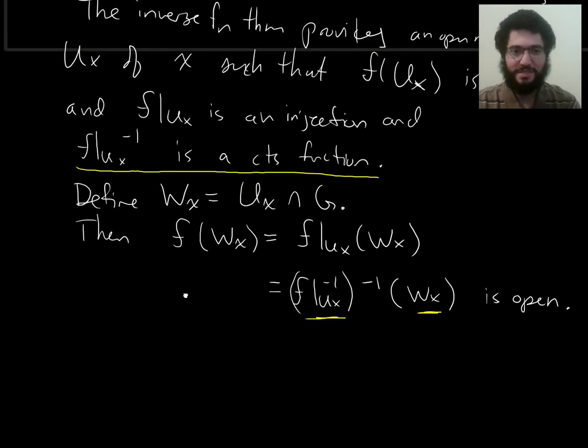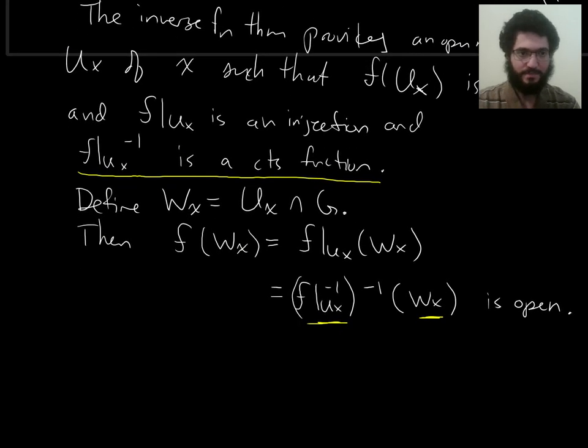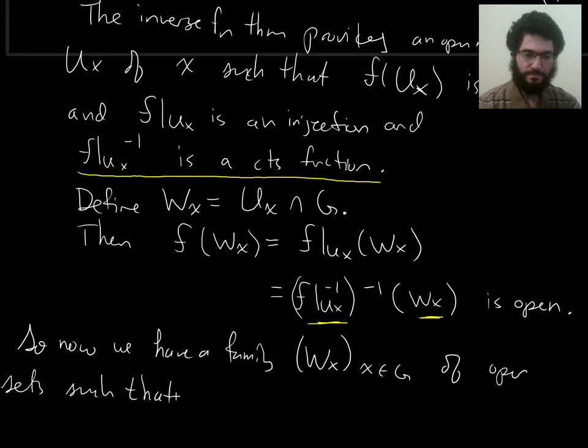Great, so what have I achieved here? I've done this for each x in G, right? So I kind of indented this portion of what I'm doing for each x in G. And now I'm going to stop indenting. And what have I achieved? So now we have a family W sub x running over all x in G of open sets such that two things hold.